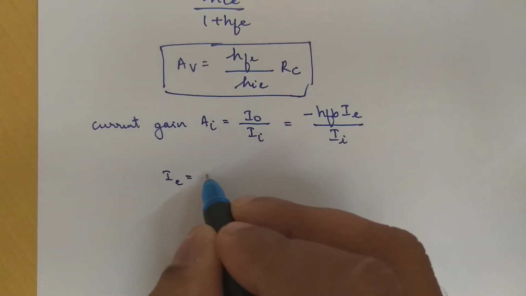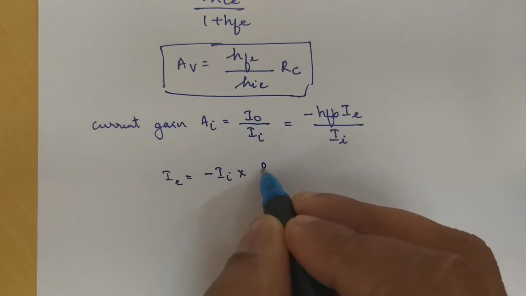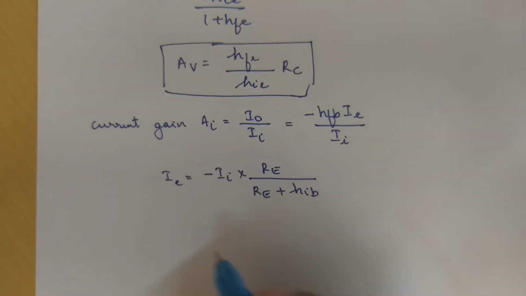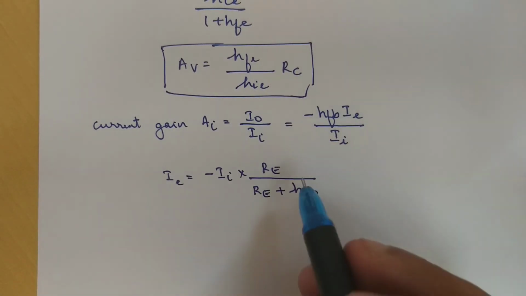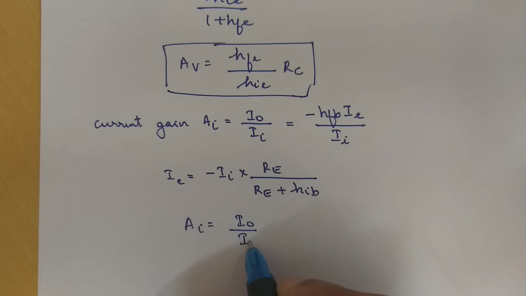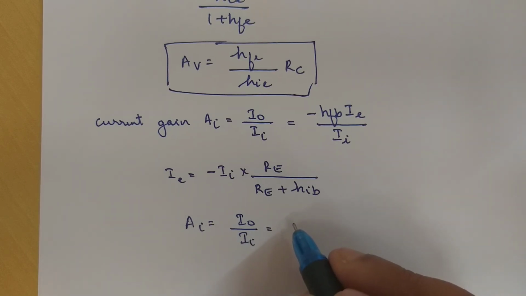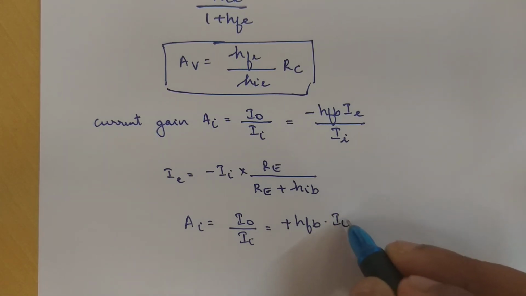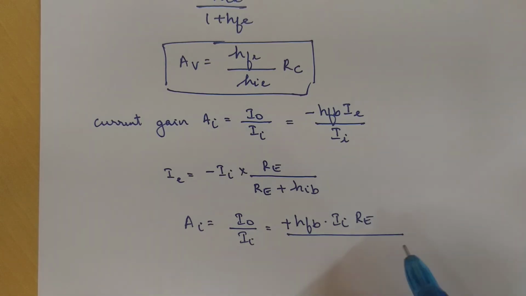Substituting in the AI expression, AI will be equal to I naught divided by II, which is equal to minus HFB, and minus will become plus, IE into RE divided by II times RE plus HIB.